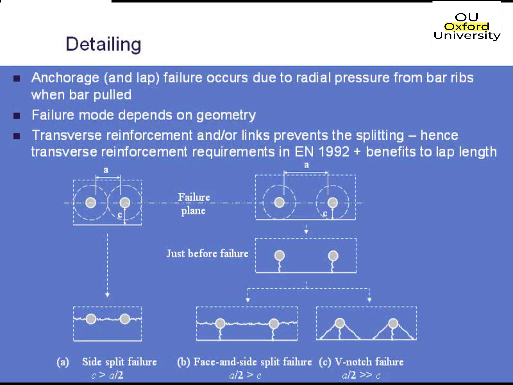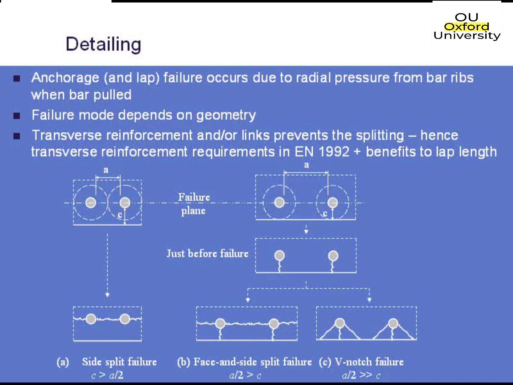In this scenario, you end up with a crack forming between the bars, as shown in this diagram here, and then the cover falling off and exposing the bar to corrosion.